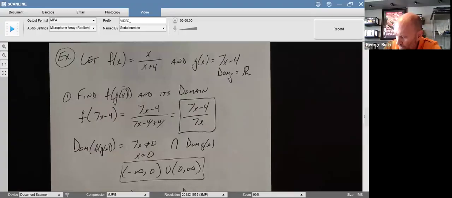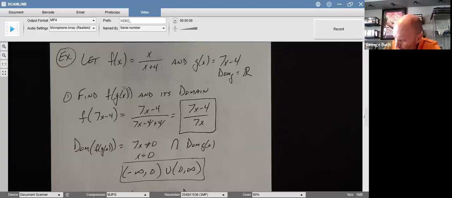And simplify this. So we get what? 7x minus 4 times x plus 4, all divided by x plus 4. So this is minus 4x minus 16. So 7x minus 4x is 3x minus 16 all over x plus 4.